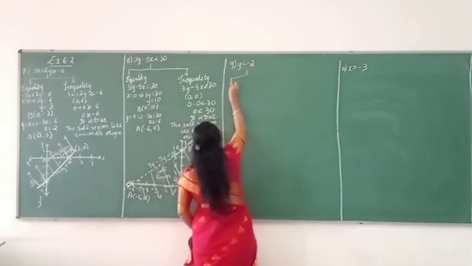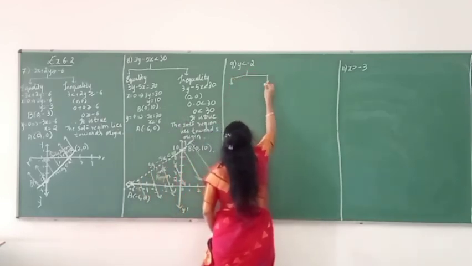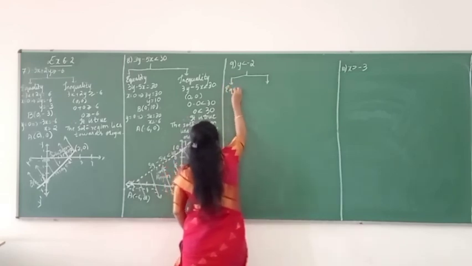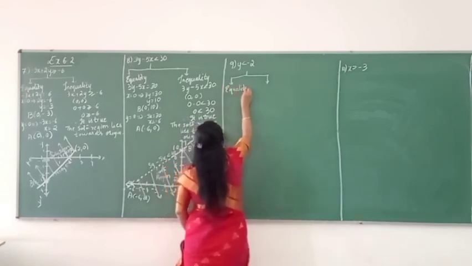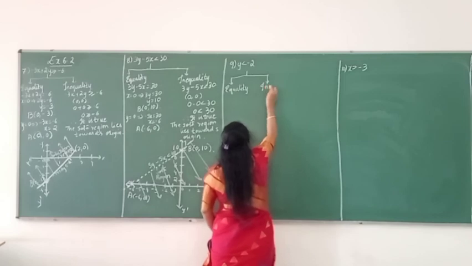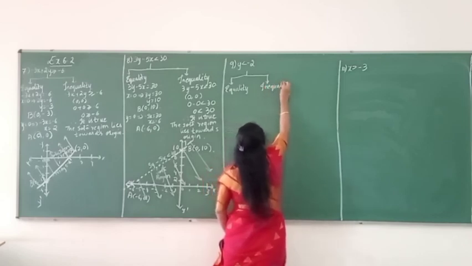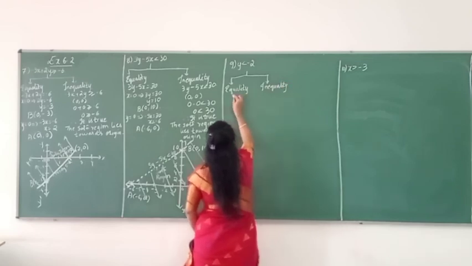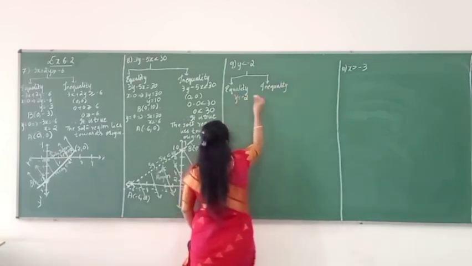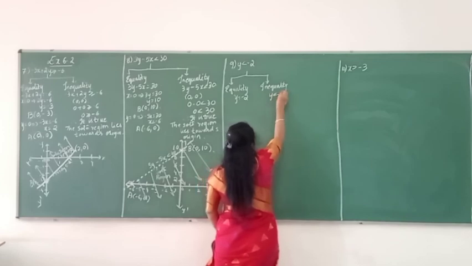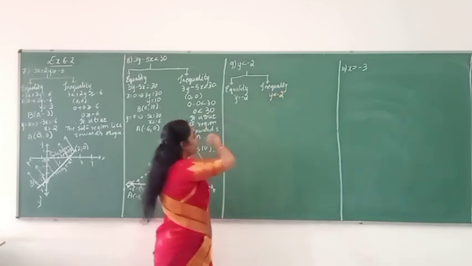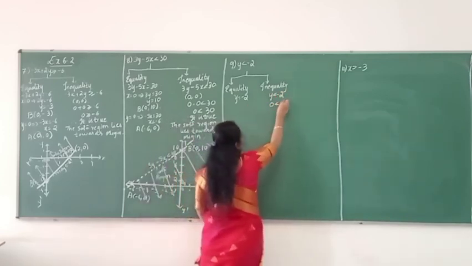Next one. The same way, I think this will become much more easier because we have only the graph on the y-axis. So here it will be y is equal to minus 2, and here it is y is less than minus 2. So 0 is less than minus 2.